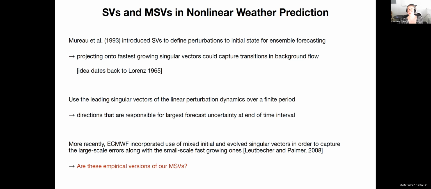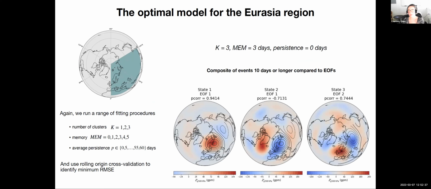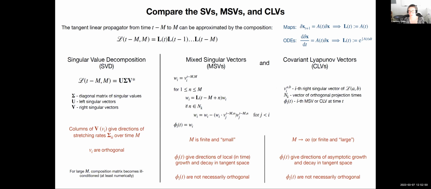We asked, are those just empirical versions of our more analytically computed MSVs? So we ran the same thing for the Eurasia region. We also got out three states, funnily enough, and one looked a lot like one of our NAO states, which seems to affect the weather over Eurasia a lot as well. I will skip over the details of that because I think this is the more important thing.